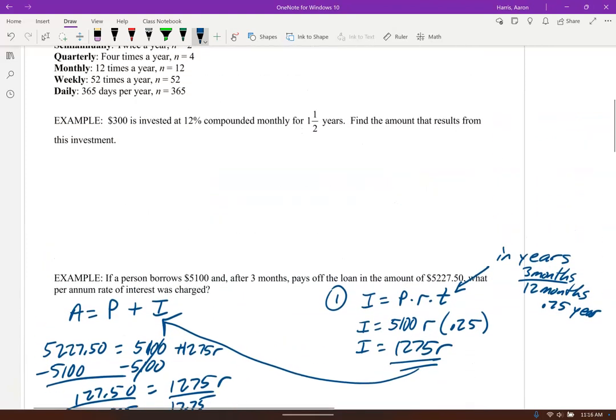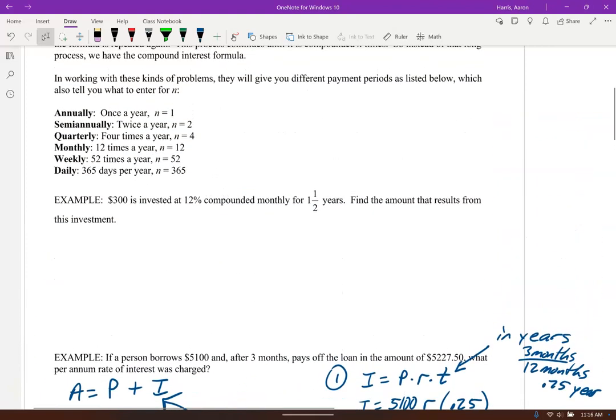All right, how about this one instead, where we have $300 invested at 12% compounded monthly. So $300 invested will be our P, the principal we put in, and we're going to use the compound interest formula.